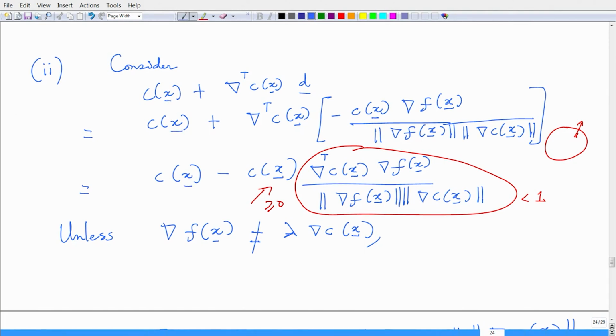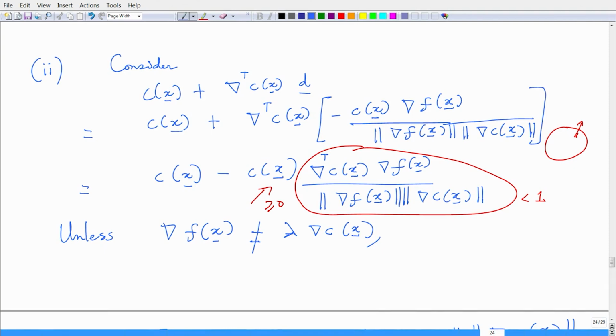This is C of x plus del C transposed, I plug in D here, which is minus C of x del f upon norm del f times norm del C. So, the C of x is a scalar which is outside, and this is greater than or equal to 0.